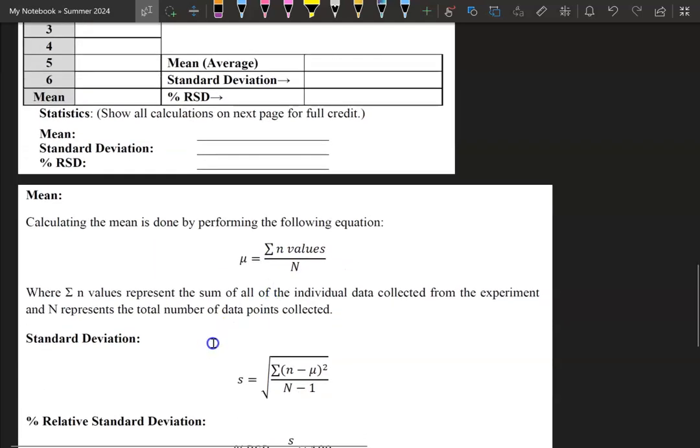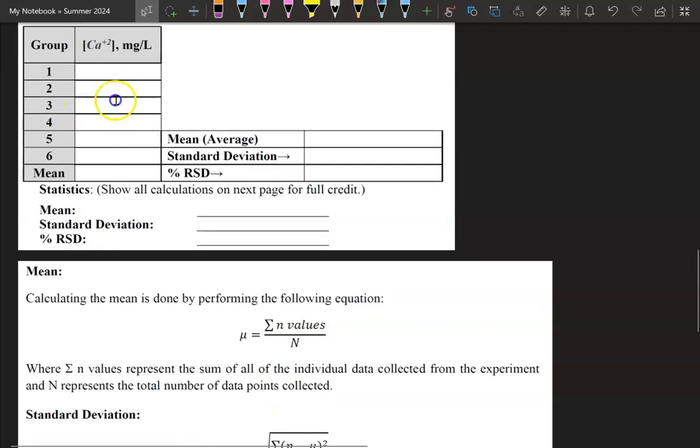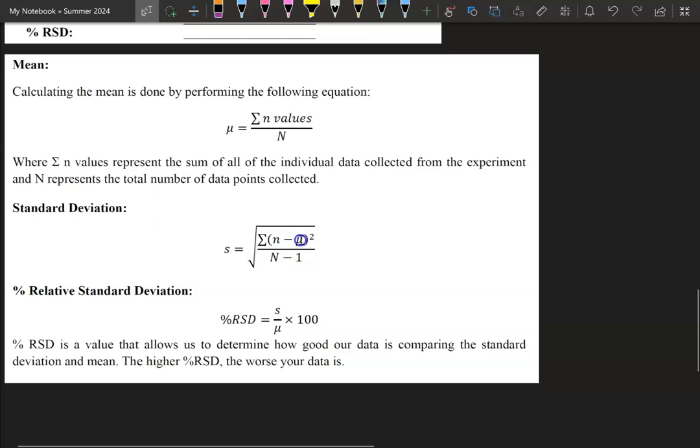All right, and then for the standard deviation, now standard deviation is how much does it deviate from the mean. That's what you're referring to here. This symbol here, the mu symbol, represents mean, and then the n is the actual value that's up in the chart here. So if there are 6 groups, you'll do the subtraction 6 times, all right, and then they all add together.